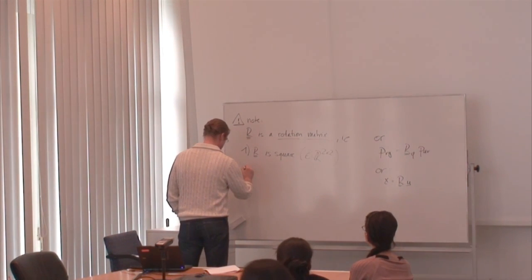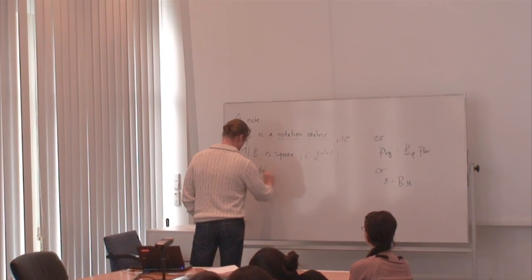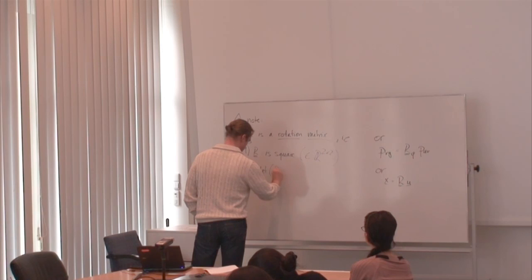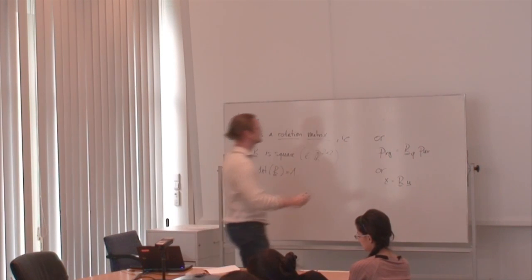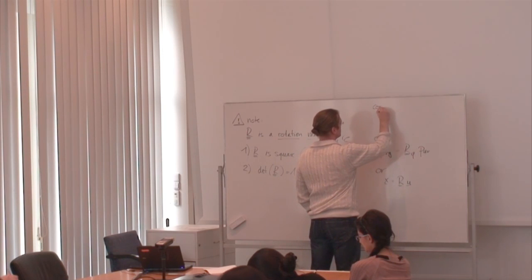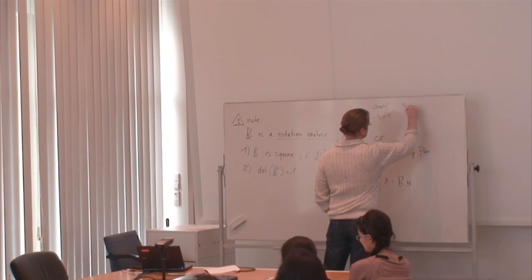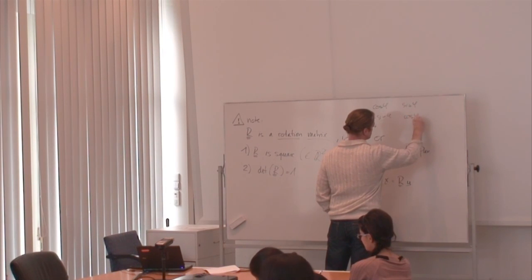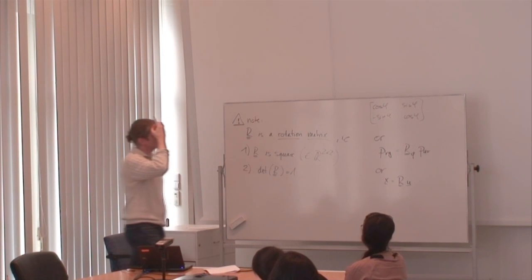Second of all, and this is really special, the determinant of R is 1. Let's go for this again. We had cosine phi, minus sine phi, sine phi, cosine phi. The determinant of the 2 by 2 matrix is easy to compute.